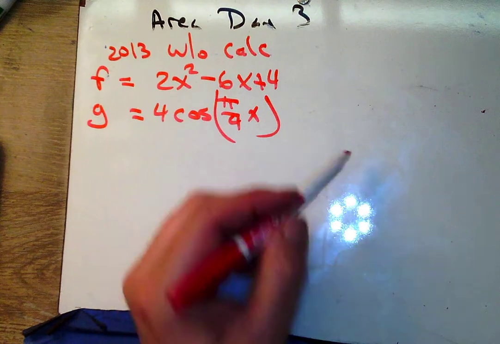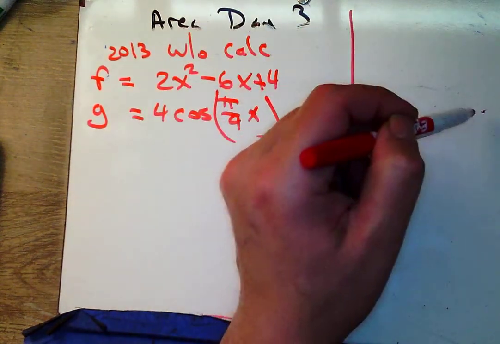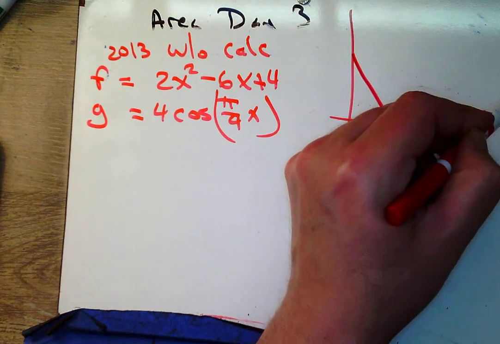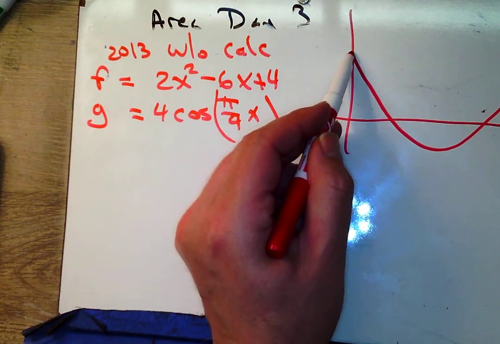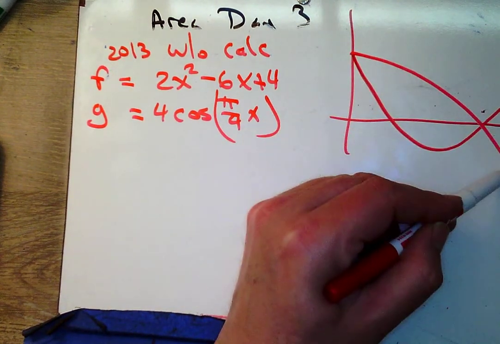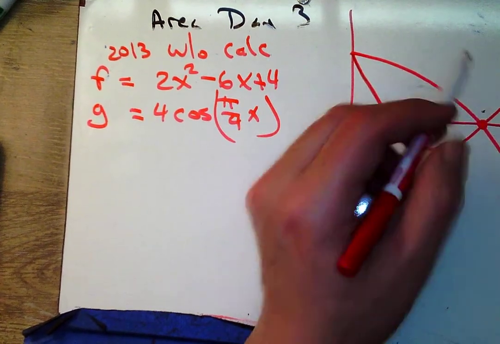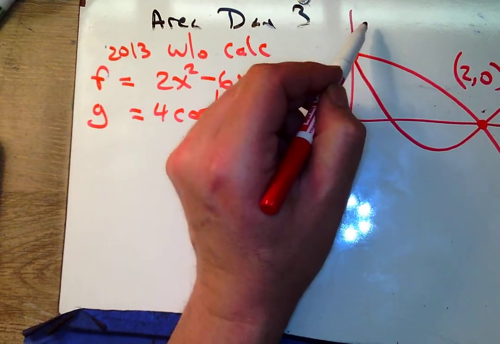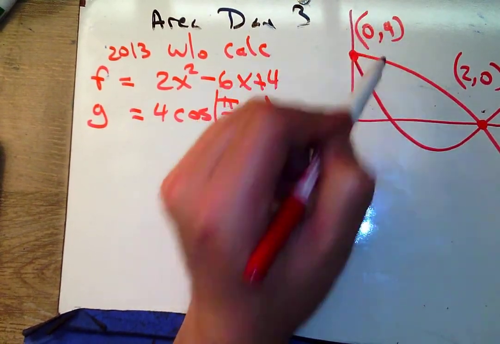And they give us a little picture. It was nice of them. And this one comes like that. And there's this other one that goes like that. And so we get a point of intersection here at 2, 0. And another point of intersection here at 0, 4.